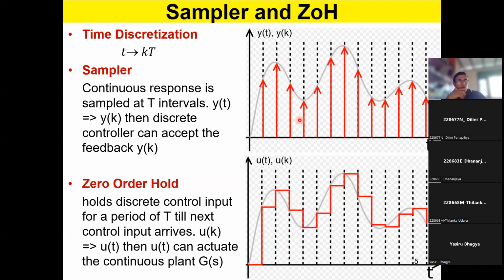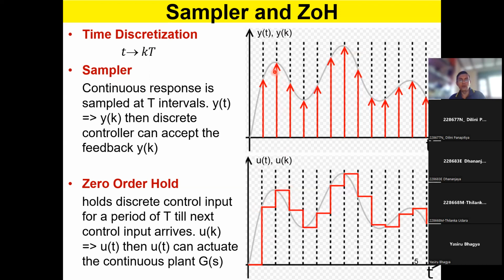And the other component is the zero order hold. And there you can see what the zero order hold is doing, right? It converts u(k) into u(t), a back conversion. These red arrows are like that, and the zero order hold keeps the value at that level between samples.